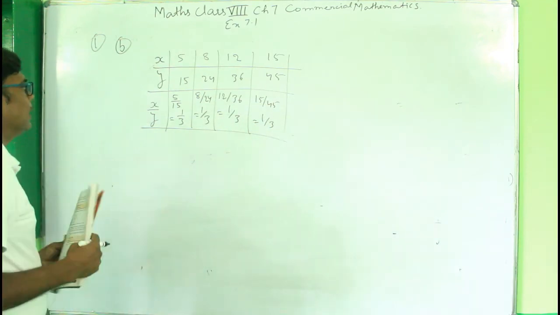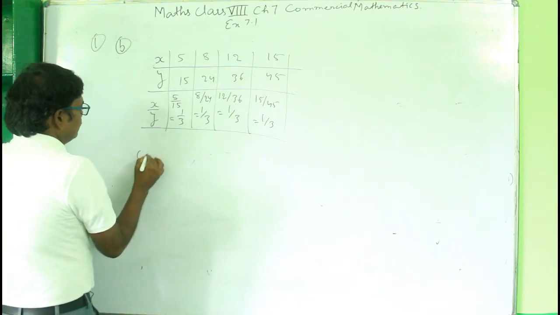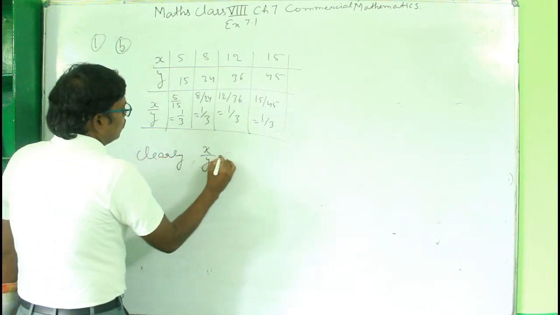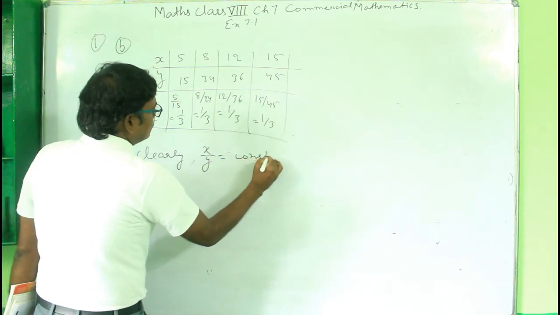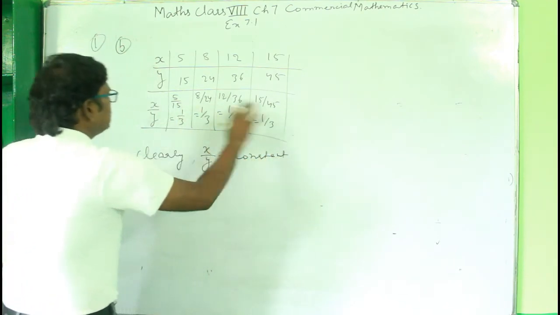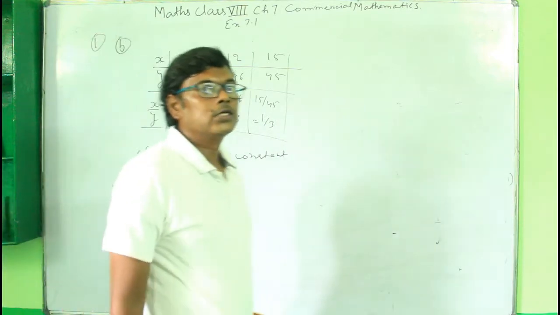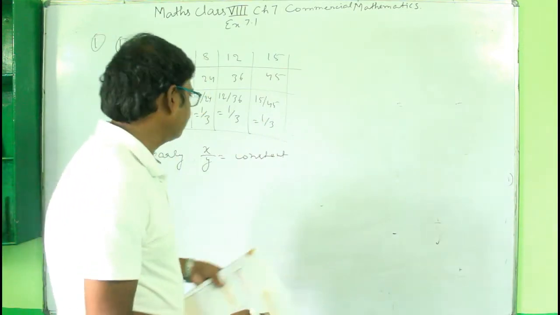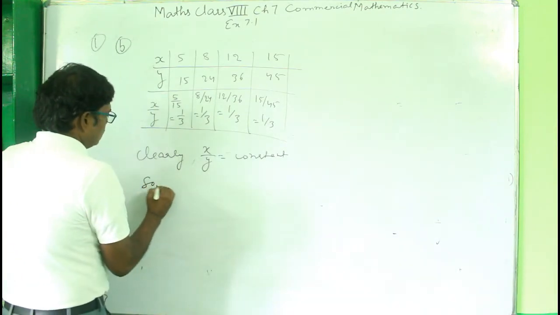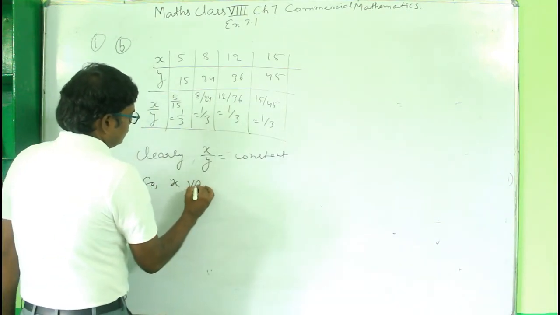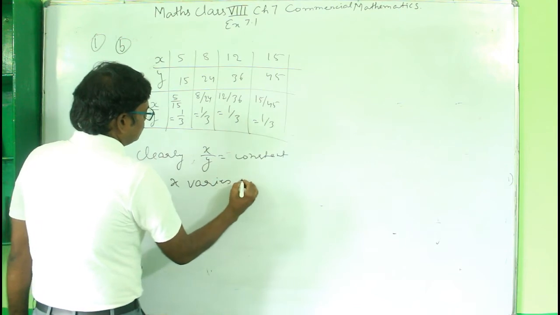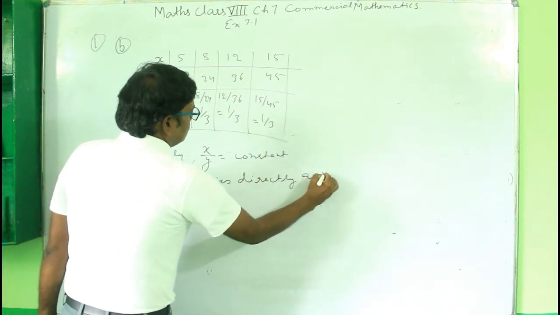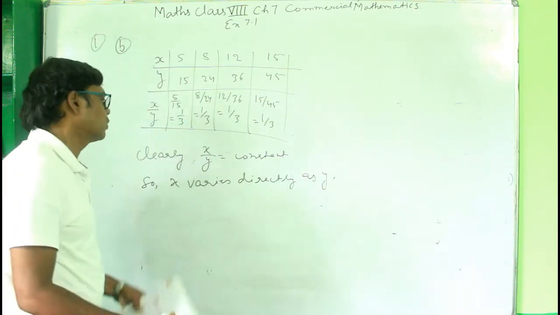So clearly x by y equals a constant, because in each case the ratio of x to y is 1 by 3, and therefore x varies directly as y. This is the answer of this question.